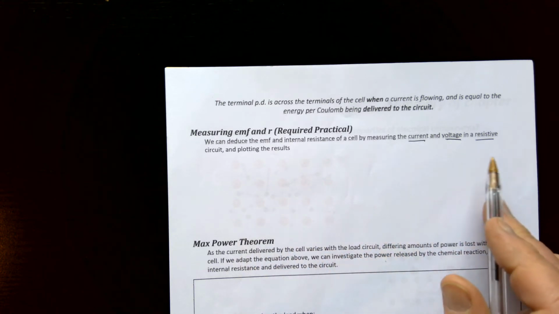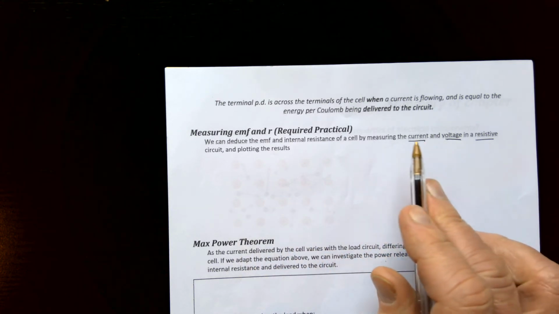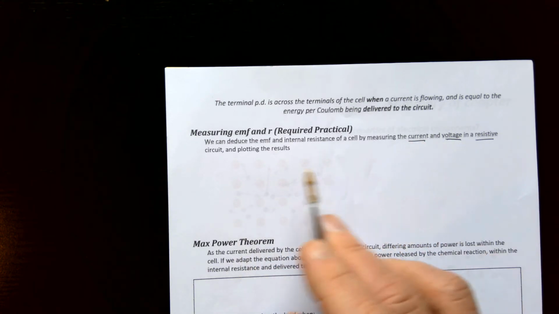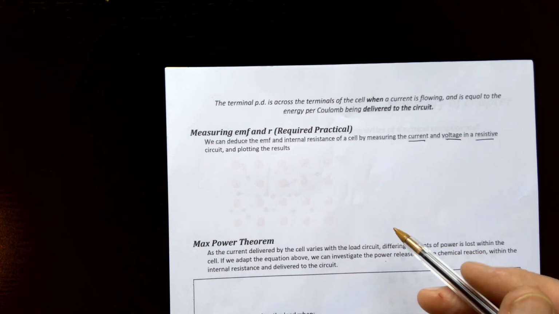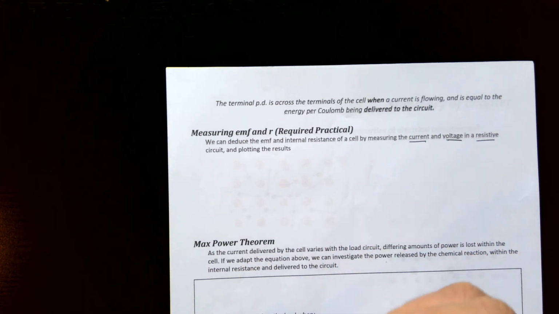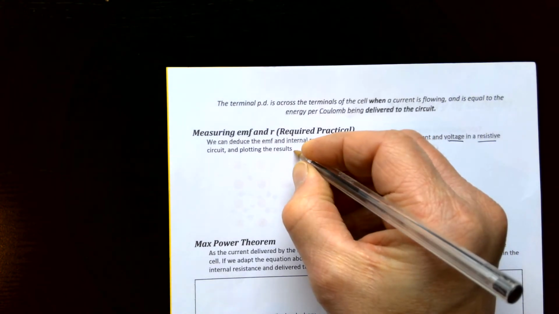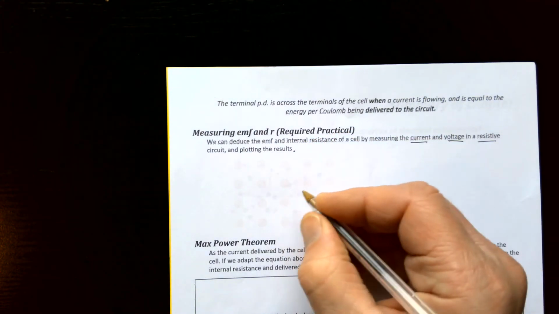Well, obviously if you just had one resistor, you'd end up with one current, one PD, and that would be a graph with one plot on. So what we'll do is change the actual loads that are connected, change the resistance connected to the battery.